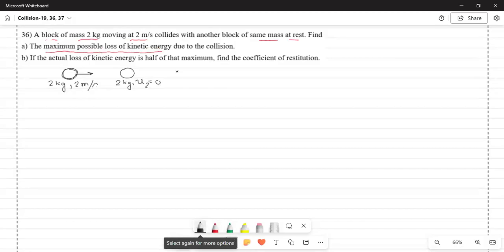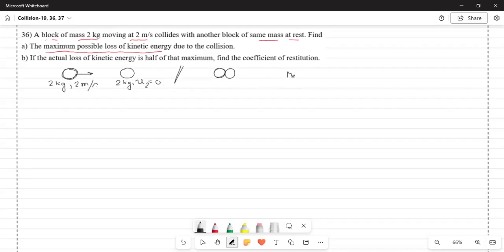Now remember, maximum possible loss of kinetic energy occurs when the collision is completely, totally inelastic. That means after collision, they join together.